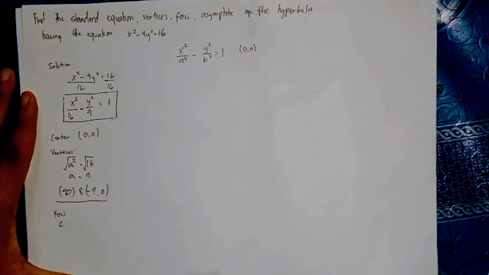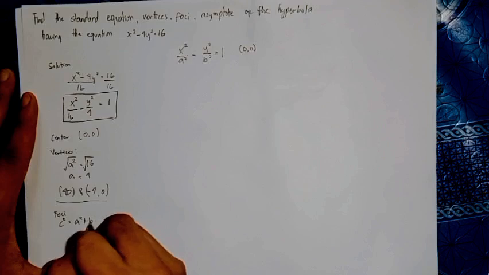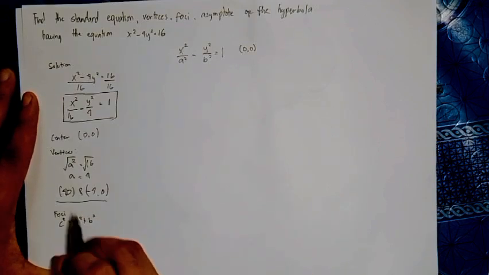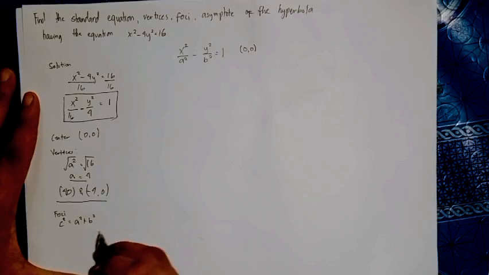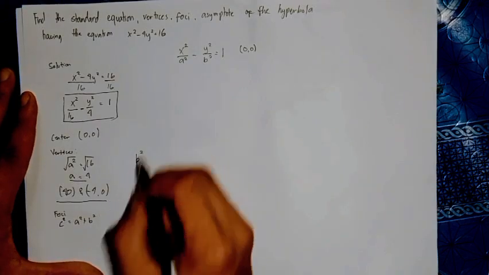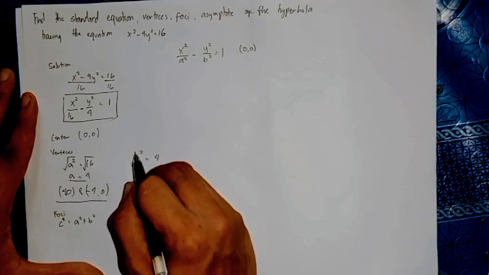To find c, we will use the formula c squared is equal to a squared plus b squared. We have a, but we don't have b, so we will find b first. Since b squared is 4, the value of b is 2.